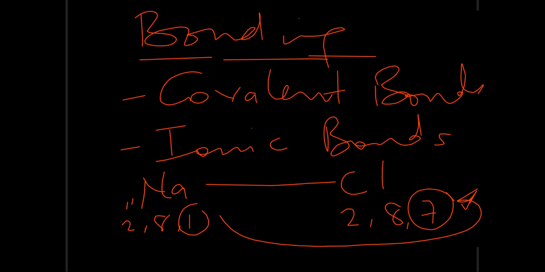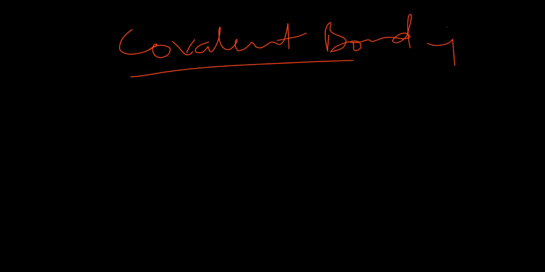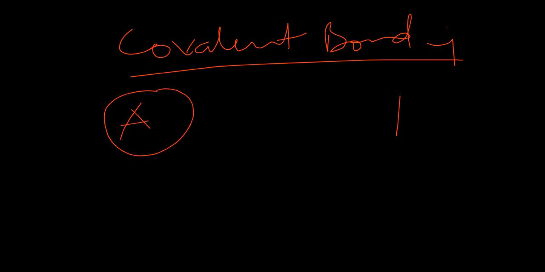Now, in today's episode, covalent bond formation, the story is a little different. So let's jump into it. Let's say we have an atom A and another atom B. In covalent bond formation, both atoms involved in the bond formation are in need of electrons.